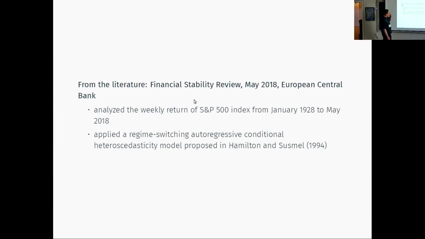The first one is from the Financial Stability Review, published in 2018 by the European Central Bank. In this study, they analyzed the weekly return of the Standard & Poor's 500 index from 1928 to 2018. And they applied a regime-switching autoregressive conditional heteroskedasticity model proposed in Hamilton 1994.